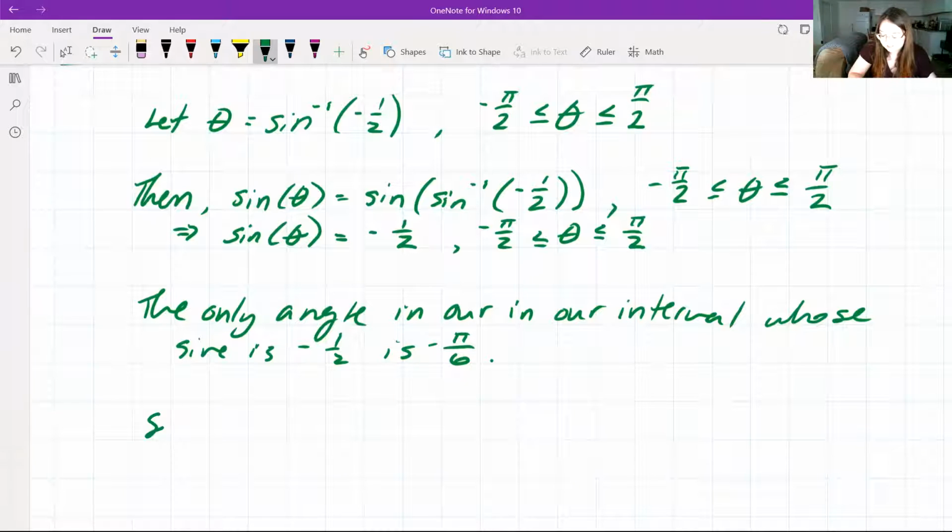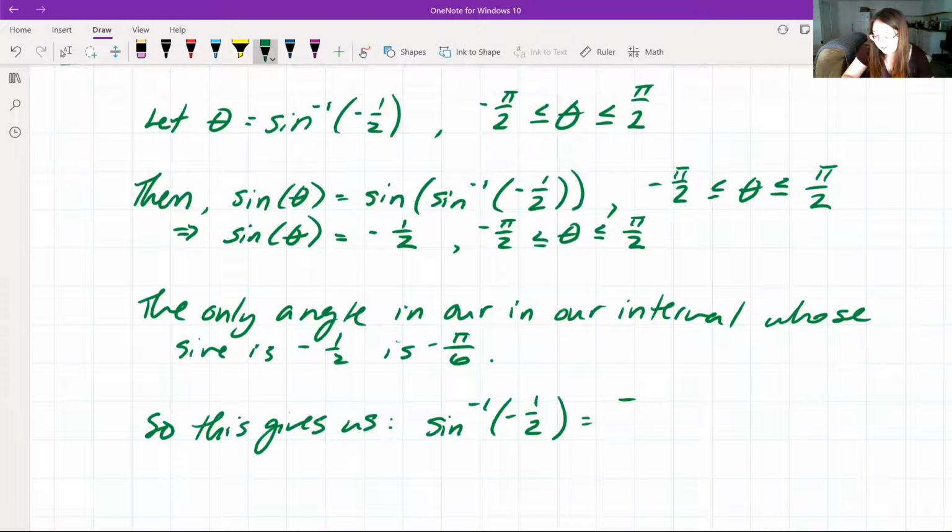So this gives us our final answer here, which is that sine inverse of -1/2 is equal to -pi/6. Sorry, negative pi over 6, drop that negative there.